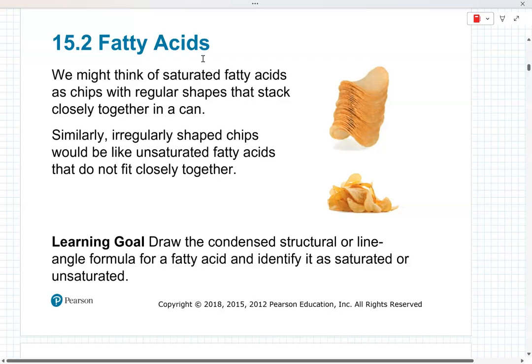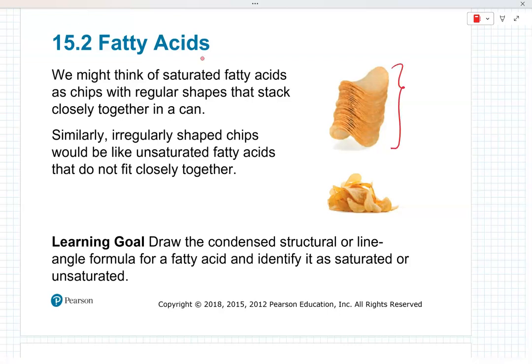So, in our future conversations, we're going to use this analogy that we see on the slide, is that saturated fatty acids tend to stack like Pringles in the tub. Does that make sense?